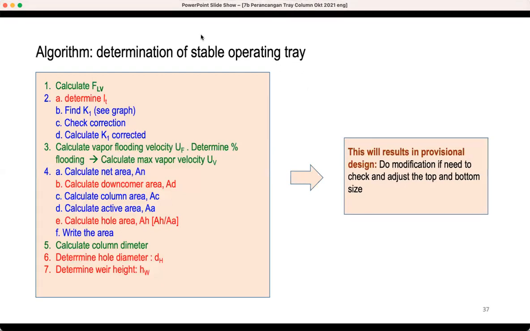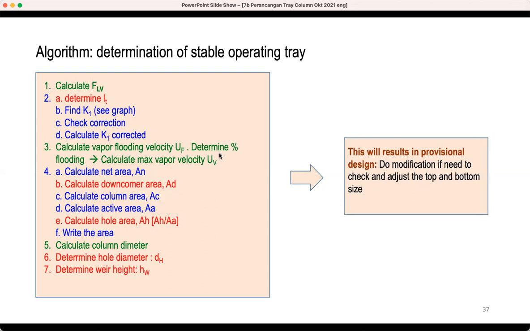Okay, so in summary, the algorithm to determine the stable operating tray: first you calculate FLV, then determine the tray spacing, find the K1, check whether a correction is needed, and calculate the correction of K1. When we calculate the K1, we will find the flooding velocity UF and determine the flooding fraction. Is it 70%?